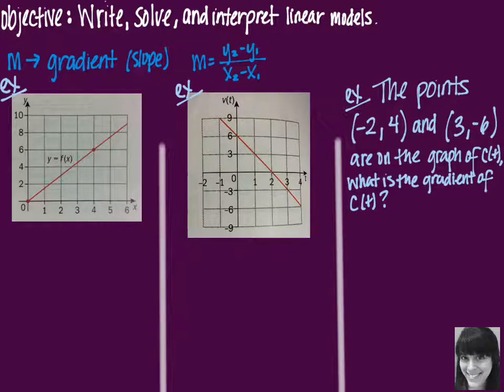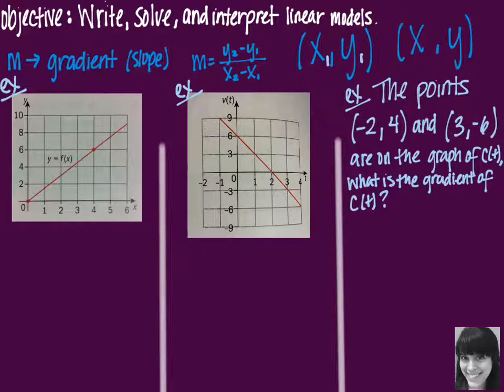Okay, so the way that you input these values is that you'll have some point x, y, and you'll have another point x, y. The first one you can put as x1, y1.